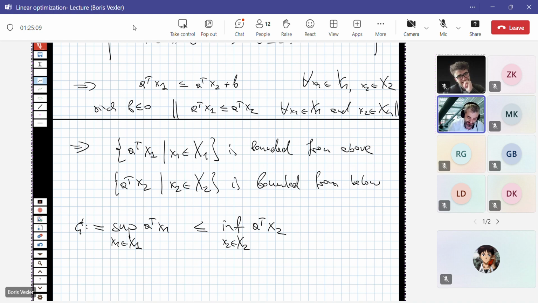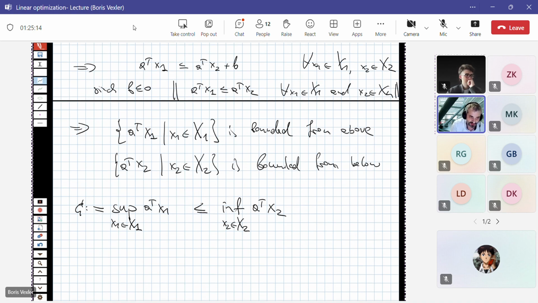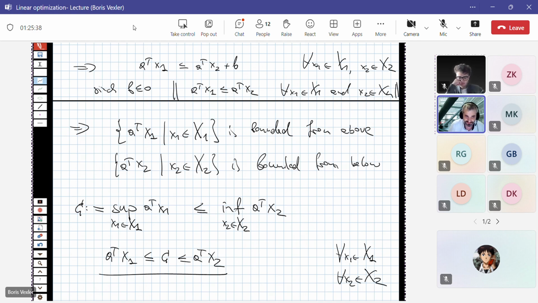It means that since this is the supremum, a transposed x1 is less or equal than C for all x1 in capital X1. And since this C is less or equal than the infimum, and this infimum is of course less or equal than a transposed x2 for all x2 from capital X2, this is exactly what we want for the separation plane.